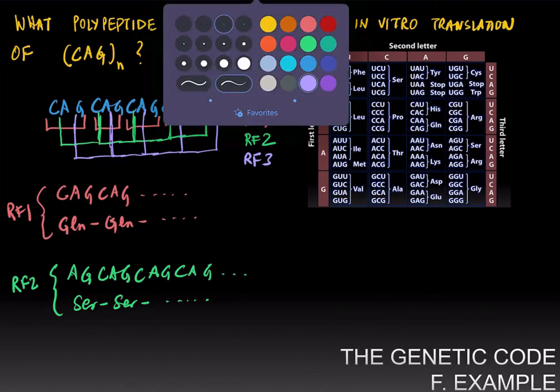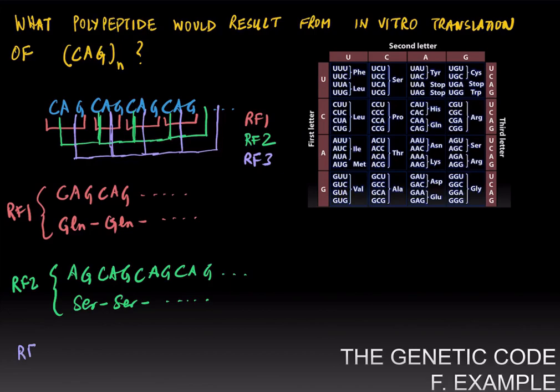And now let's do the third possibility, which is reading frame 3. And this would happen if the first letter happened to be G. So the message is G, CAG, CAG, CAG, and so on. And looking it up in the genetic code, GCA corresponds to alanine.